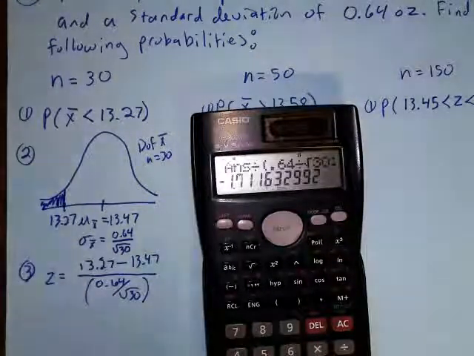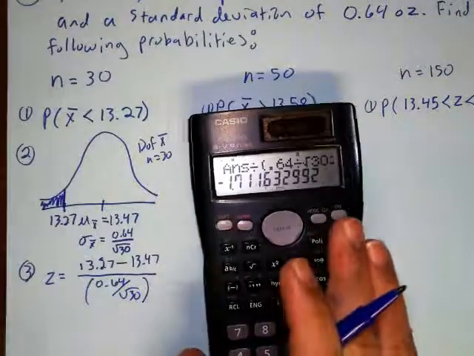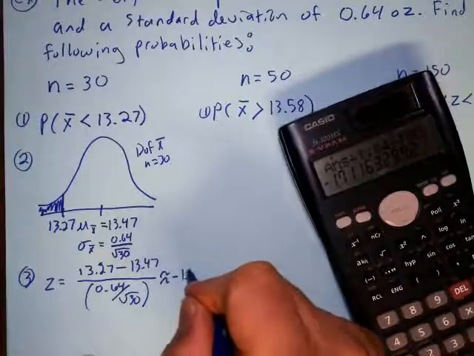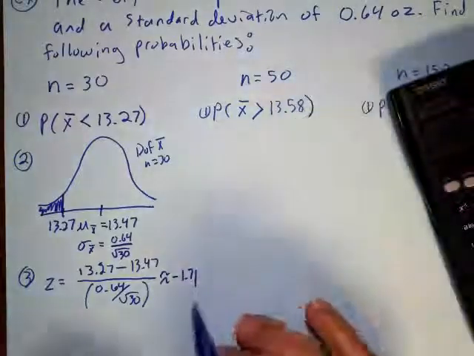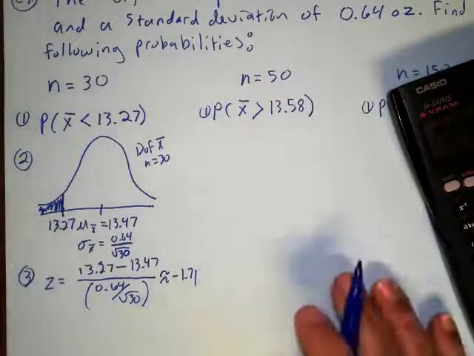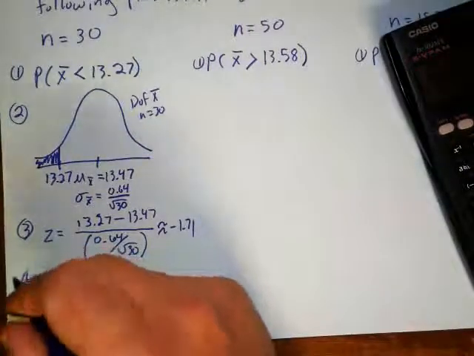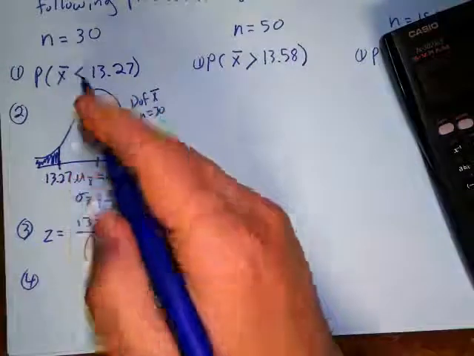And then I get negative 1.71. That's the z-score.